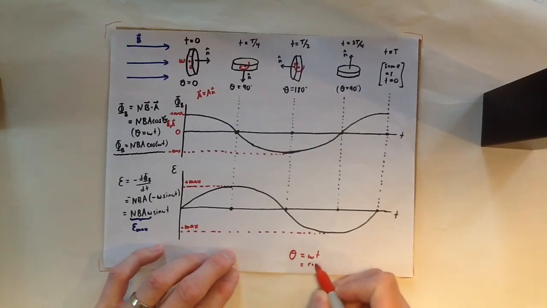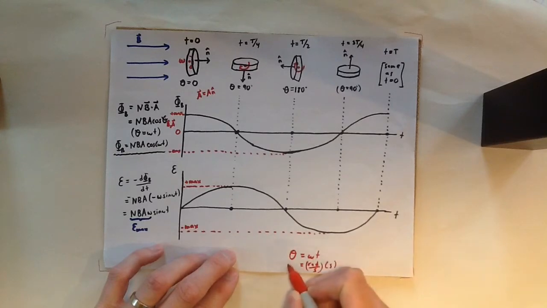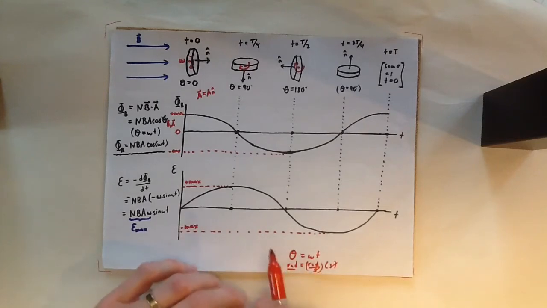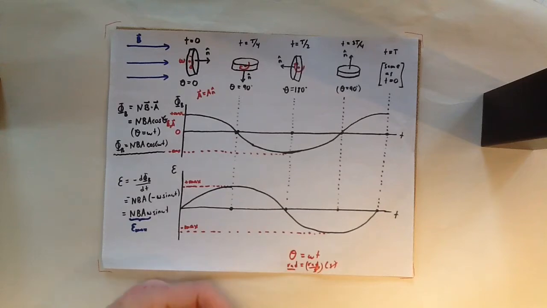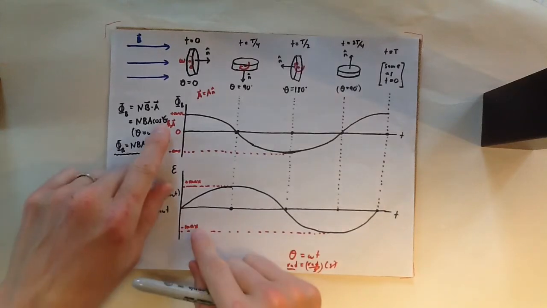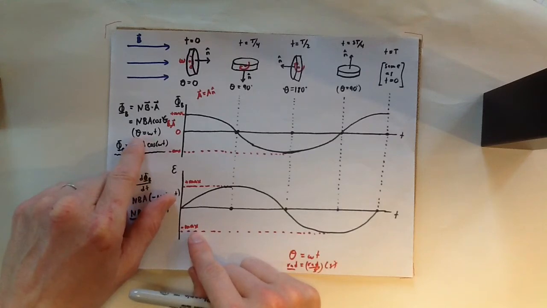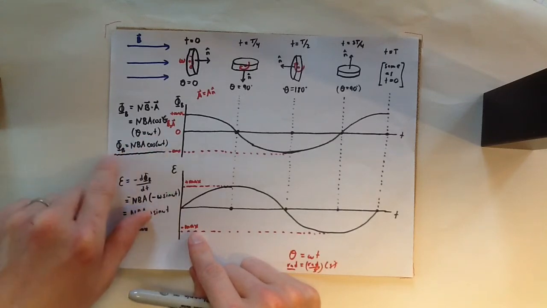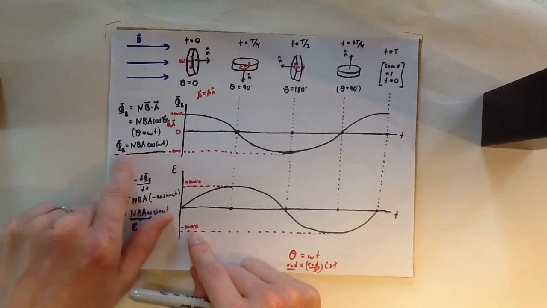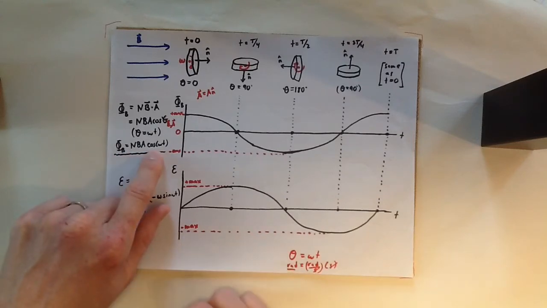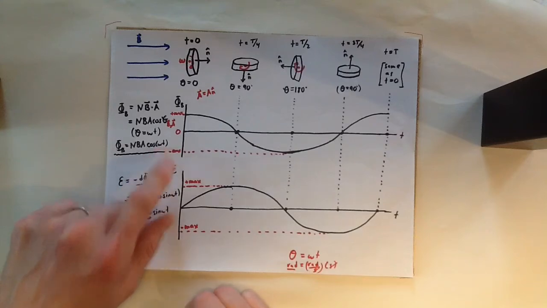So angular speed, I would take in radians per second and then multiply by seconds, and of course the seconds will cancel and you'll wind up with radians. And so that angle change is the heart of why we get any flux change in the first place. When we put theta equals omega times t in there, we get this function of time. Our flux changes as the cosine of the angle, and the angle changes as a function of time.